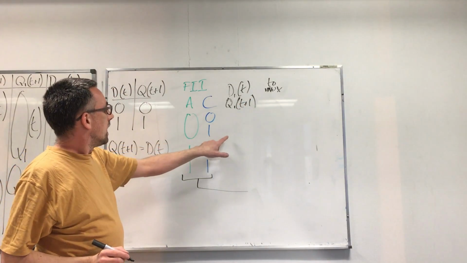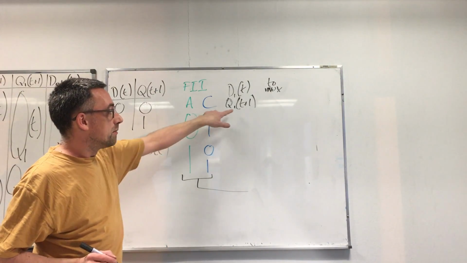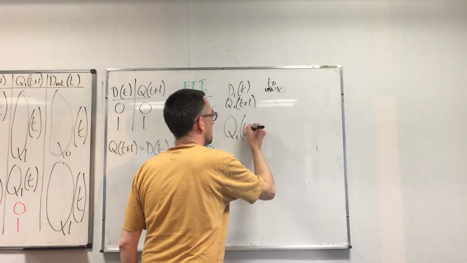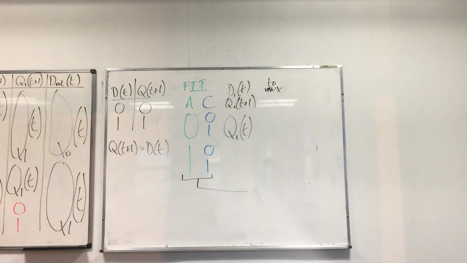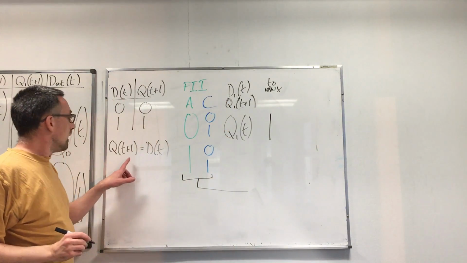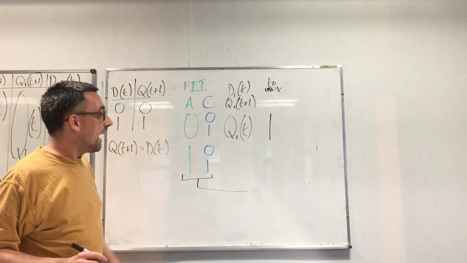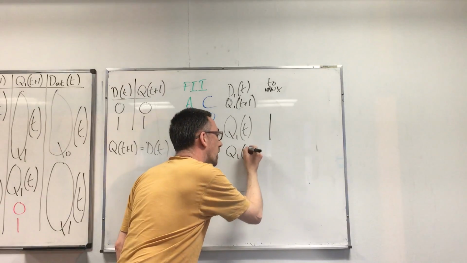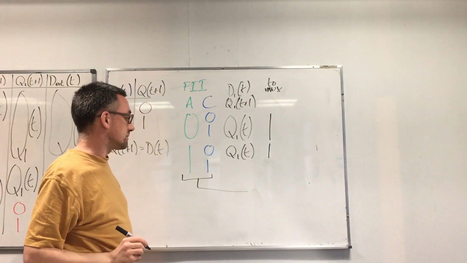If we want to address bit 0, then whether we're reading or writing, bit 1 is going to stay the same. We want to select Q1 of t here, and that means we need to send a 1 to the mux. If we're addressing bit 1, but we're only reading, then again, we need to make sure that Q1 stays the same. So again, we need to send a 1 to the mux.